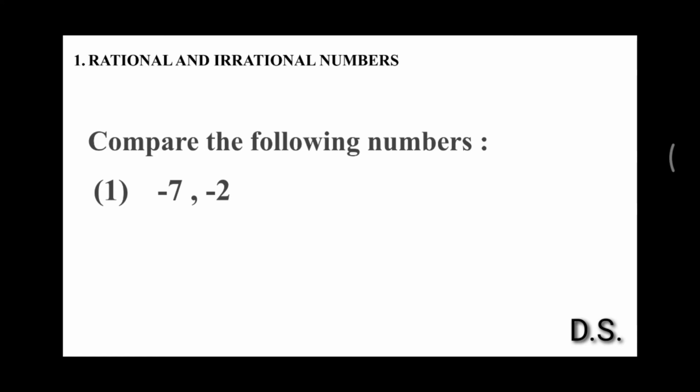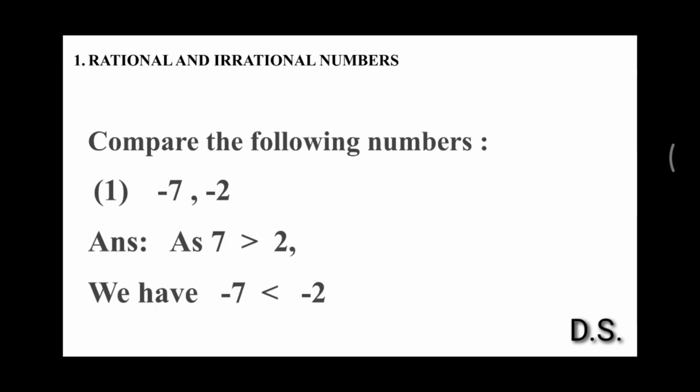Dear students, I request you to be with notebook and pen. Pause while watching the video, try to solve the problem on your own, and then check the answer afterwards. First question is, compare the following numbers -7, -2. Let me first take positive numbers.